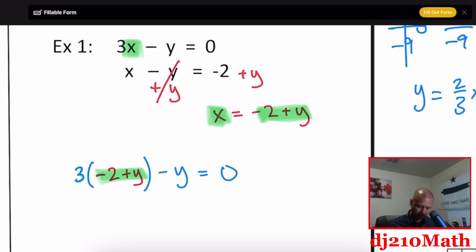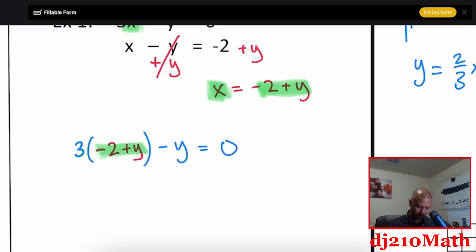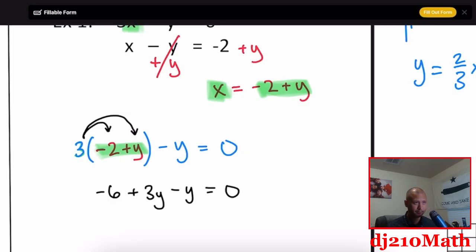Now we just solve for y. Start simplifying. So this is going to be 3 times -2, so it's -6, plus 3 times y, plus 3y minus y is equal to 0. Okay, solve for y.